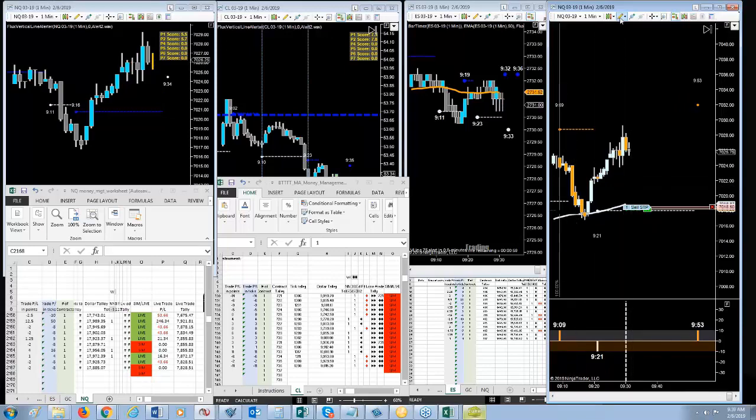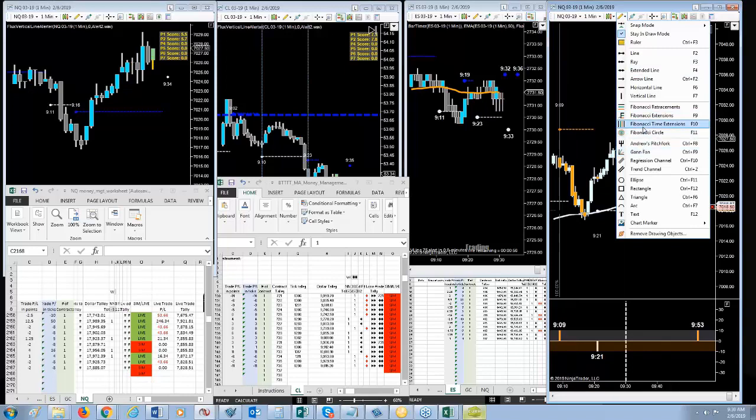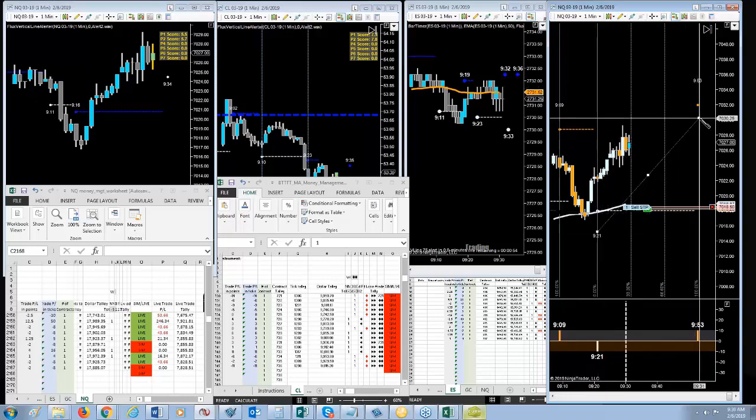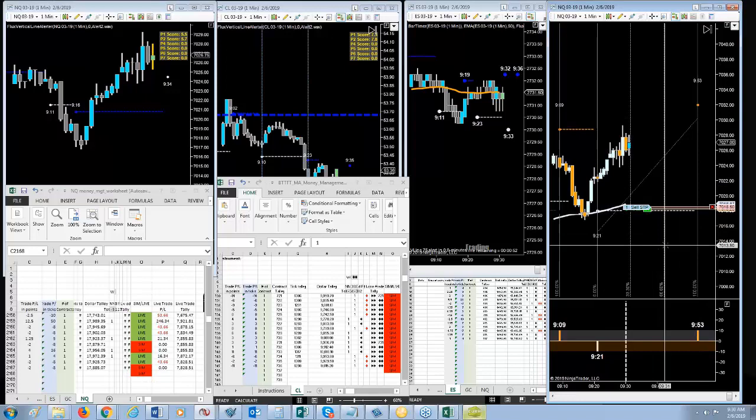So if you apply any kind of splits to the NQ right now, it's going to go between 921 and 953. You can see where we're at.